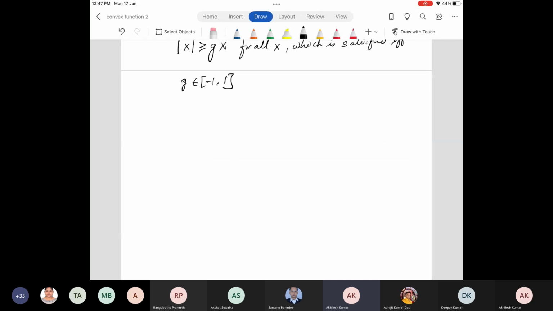I use one example from the book only, a very interesting example.